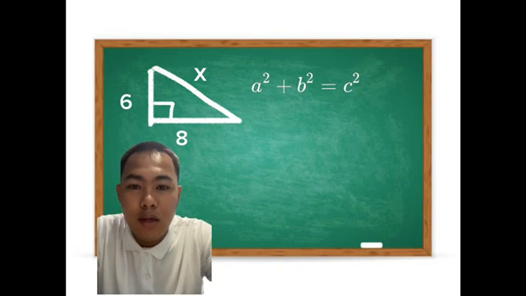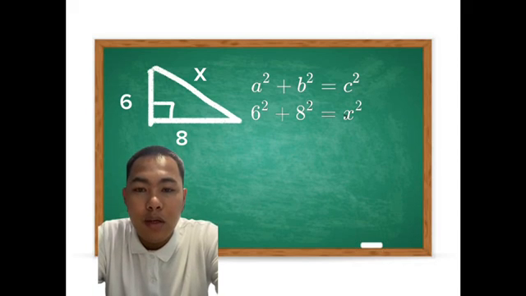So here, since the legs of the right triangle are 6 and 8, and the hypotenuse has a length of x, we can set up the equation 6 squared plus 8 squared equals x squared.